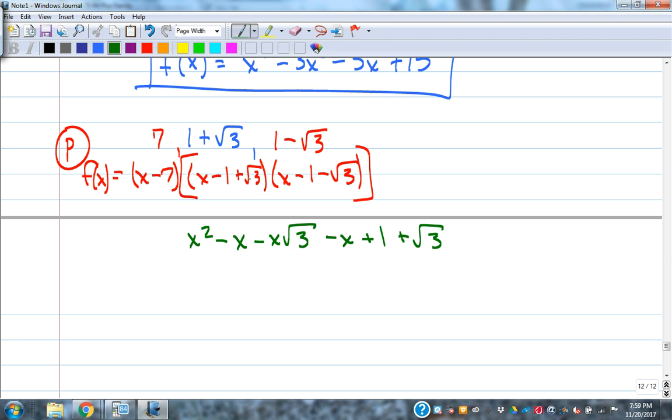Then I'm running square root of 3 through there. So that's positive x square root of 3. That's negative square root of 3. And that's negative square root of 9. All of that stuff there is just multiplying these two together. Still got x minus 7 to deal with.